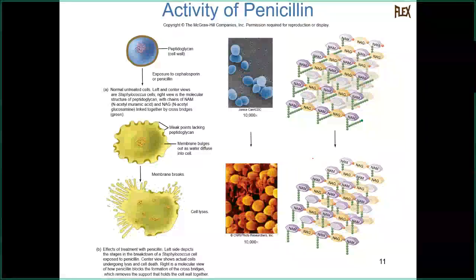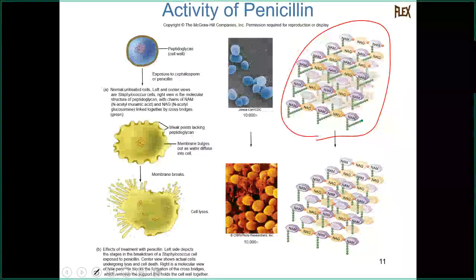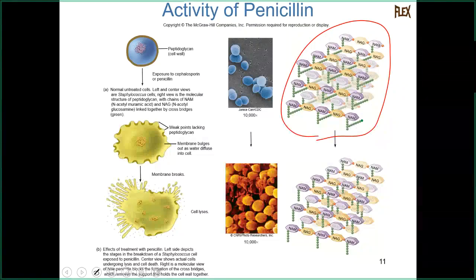So up here, this shows the lattice work or mesh work that is peptidoglycan. When it's fully formed, this is what it looks like. We've got these little six-membered structures in here.